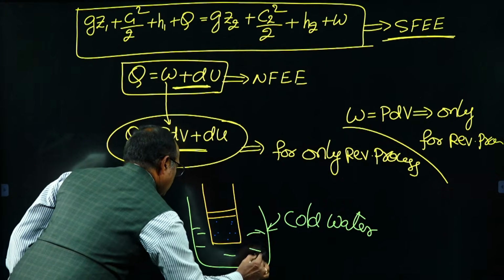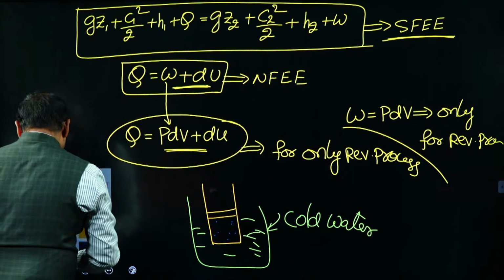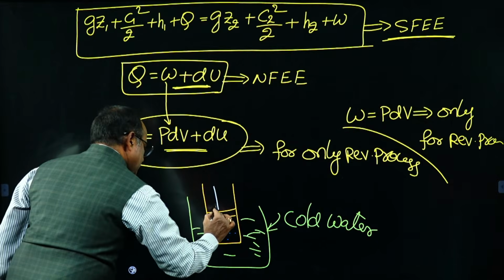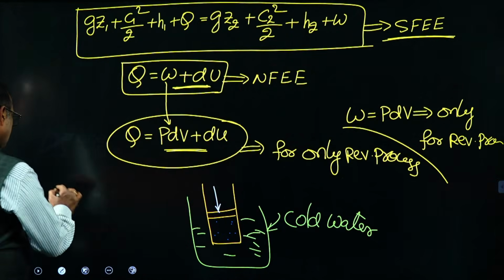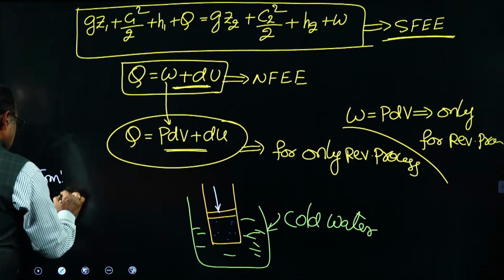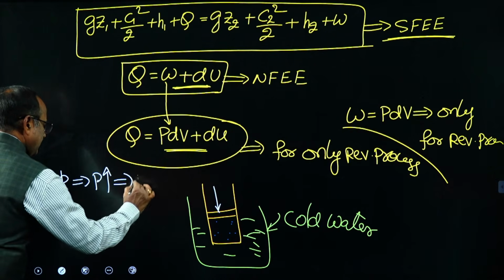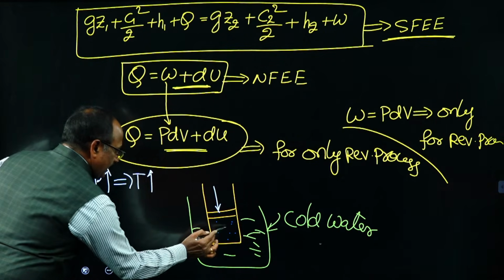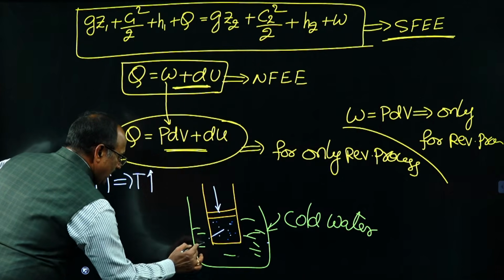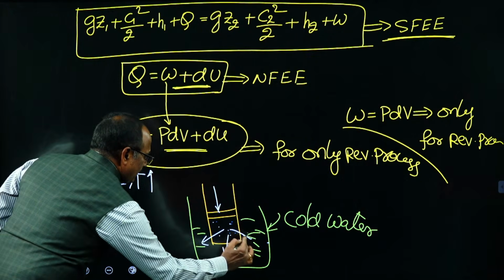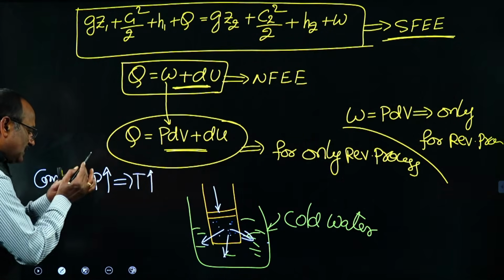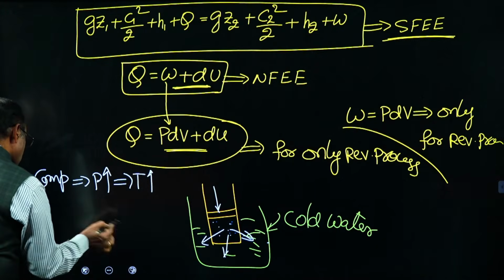When I am pushing down the piston, what is happening? The gas is compressing. During the compression process, pressure increases. Along with the pressure, temperature increases. That high temperature gas inside the cylinder can dump the heat to the surrounding cold water. That means the gas is rejecting heat to the cold source.